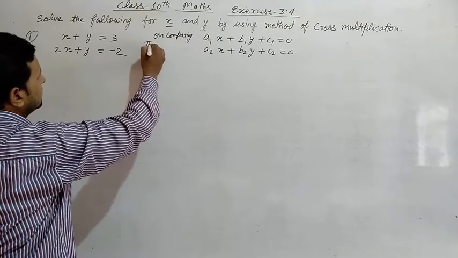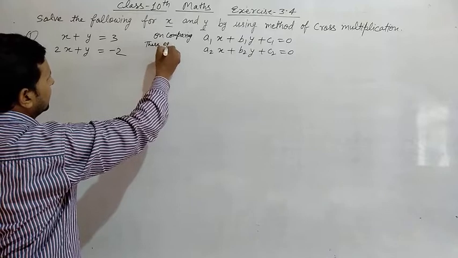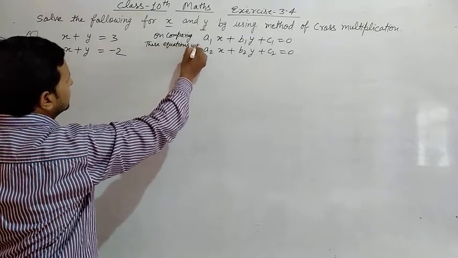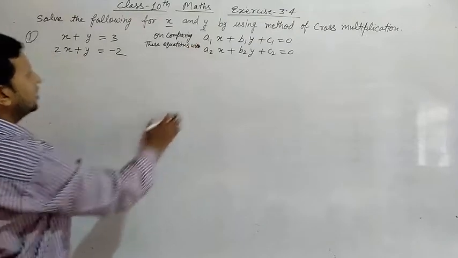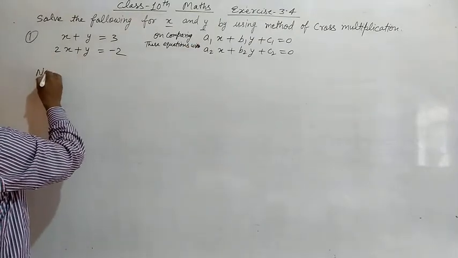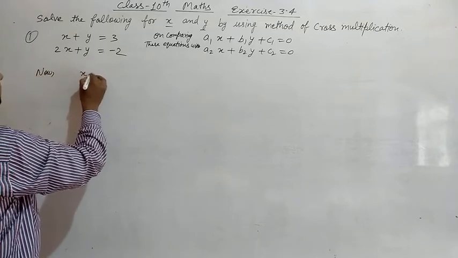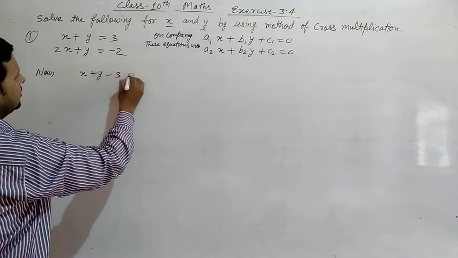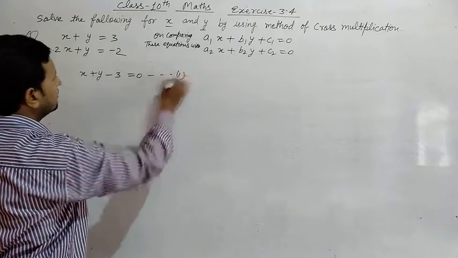On comparing these equations with these, we write it in this way. After writing it, we get x plus y, we have to change its side, means minus 3 is equal to 0. This one is equation first.